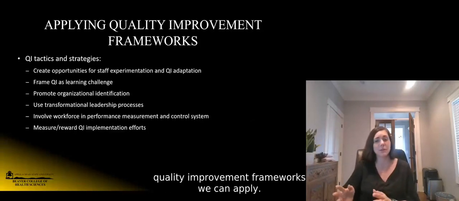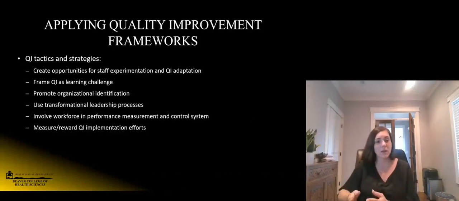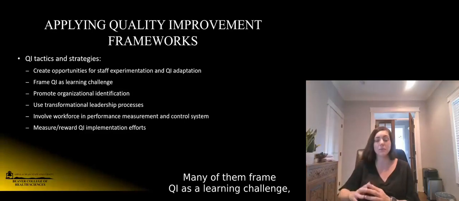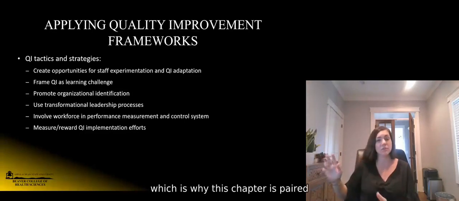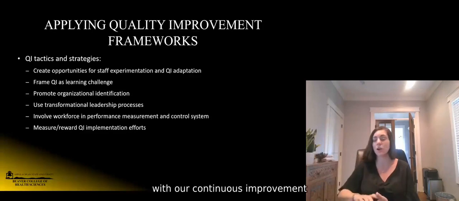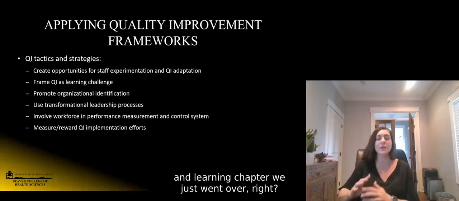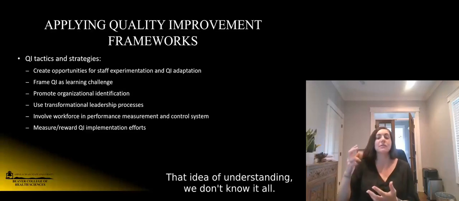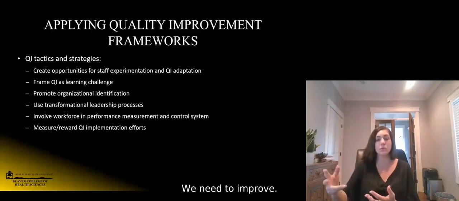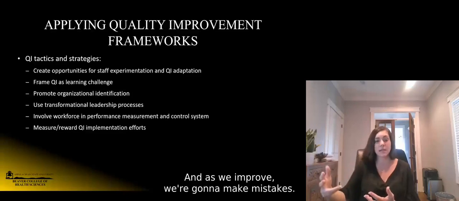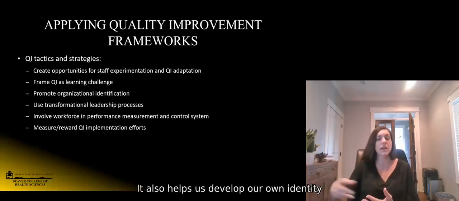Now, there's a lot of different quality improvement frameworks we can apply. Many of them frame QI as a learning challenge, which is why this chapter is paired with our continuous improvement and learning chapter we just went over, right? That idea of understanding we don't know it all. We need to improve. And as we improve, we're going to make mistakes. It's a learning challenge.